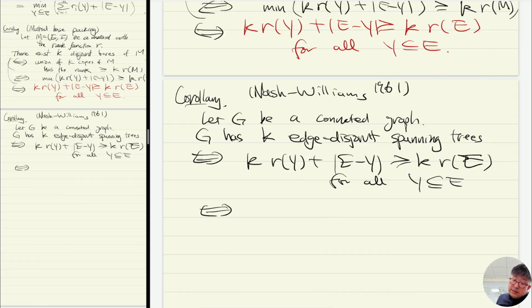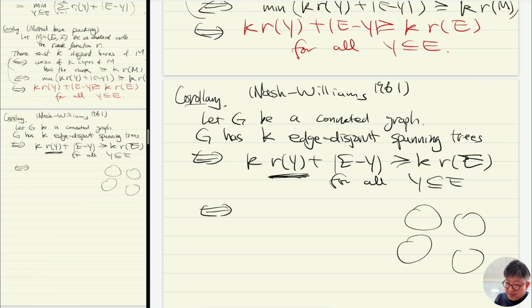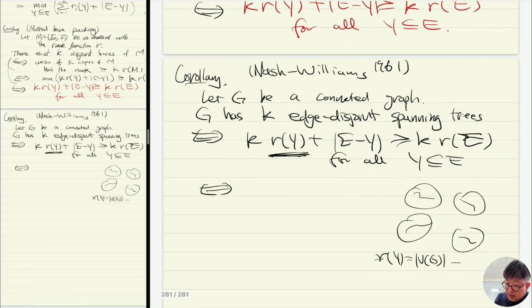So, all right, rank of Y is the number of vertices of the graph minus the number of components, right? So Y could be something like this. It's a component. So rank of Y is the number of vertices, which is a fixed constant, minus the number of components, let's say S: P1, P2, P3, PS.